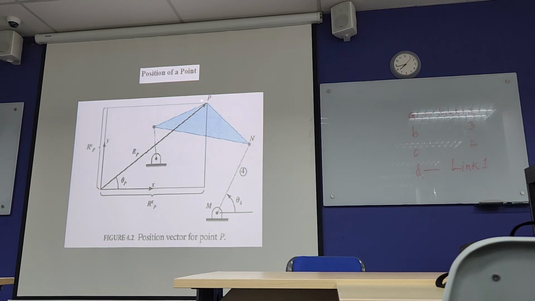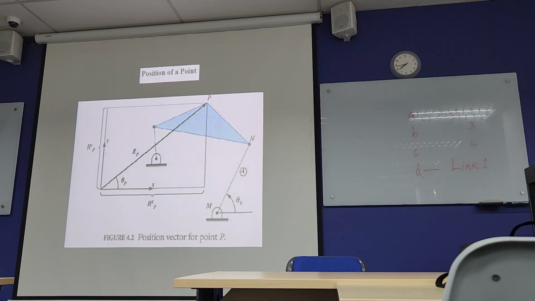Now let us say this is the point P. Point P is on link 3. So this is link 2, link 3, link 4. Your ground is link 1. Now if you take the orientation of this point with respect to the coordinate axis here, the angle of this point we call theta.